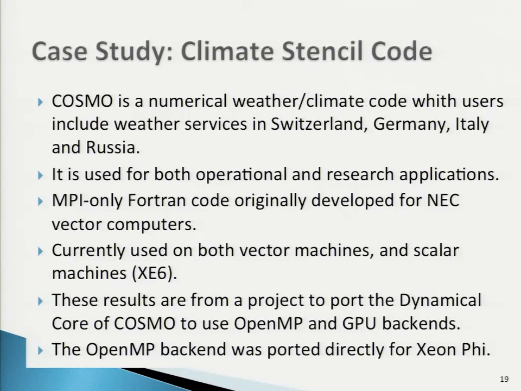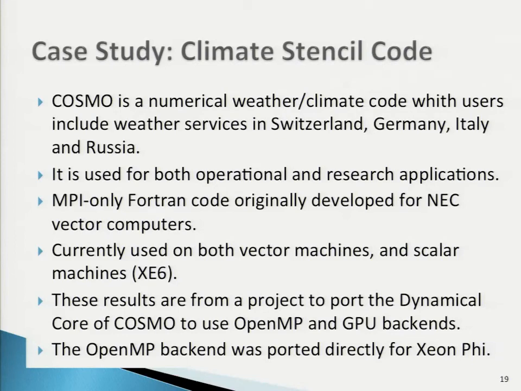The German weather service, the DWD, they still use NEC vector computers, so the code hasn't moved on from this old format. But there has been an effort, spearheaded mostly by people in Switzerland, to rewrite the code to run better using OpenMP on multi-core and many-core processors, and also on GPUs.